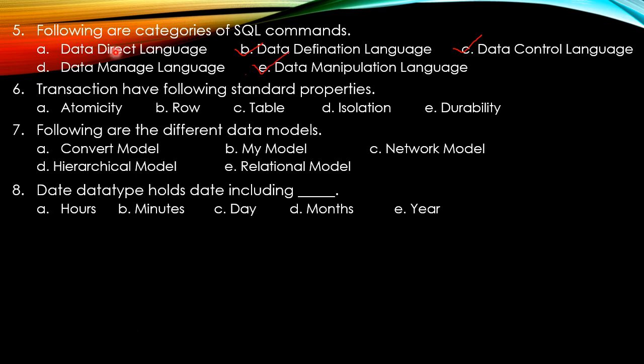Okay, now next question. Transactions have the following standard properties. We have seen the 4 properties, but from those 4, 3 are mentioned over here. Which are they? Yes, if you remember, the ACID properties: atomicity, isolation, durability, and the one which is not written here is which one?